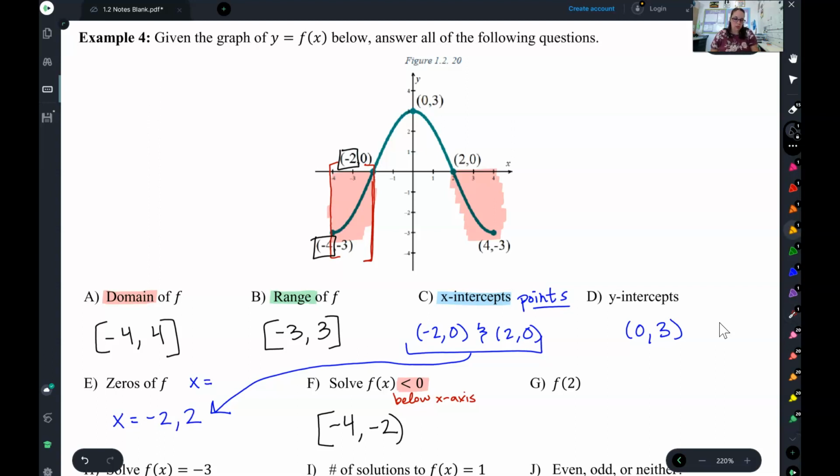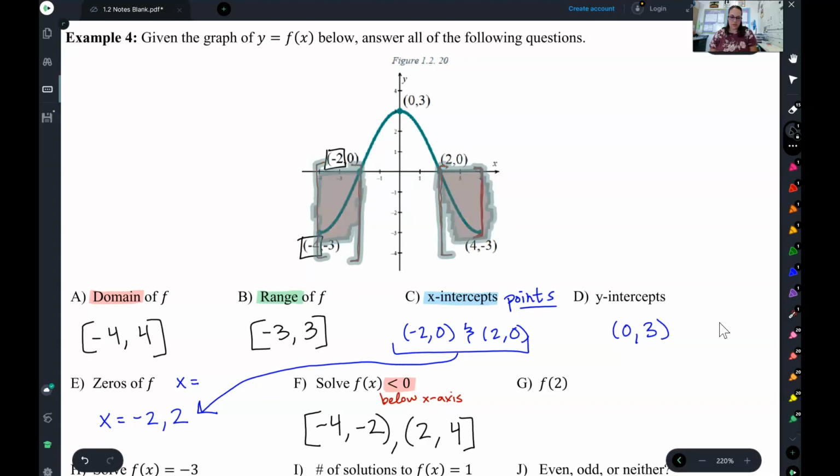I do not want to include this point because it is not less than 0, it is equal to 0. So now I can come over here and do the same thing. I want from x equals 2 to x equals 4. And let's talk brackets. This point is not less than 0. It is equal to 0, so I do not want to include it, parenthesis. This point is less than 0, so I want to include it, bracket.